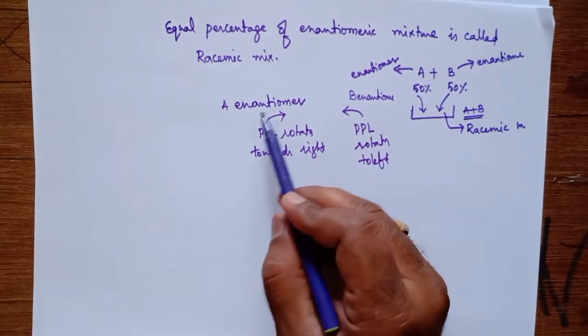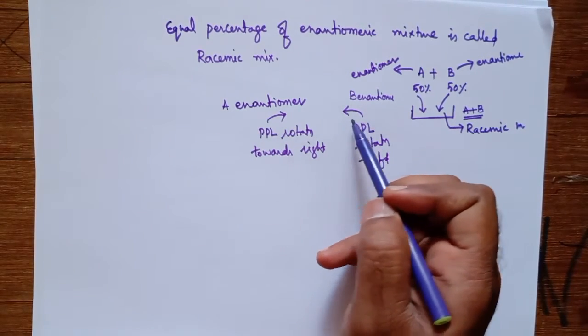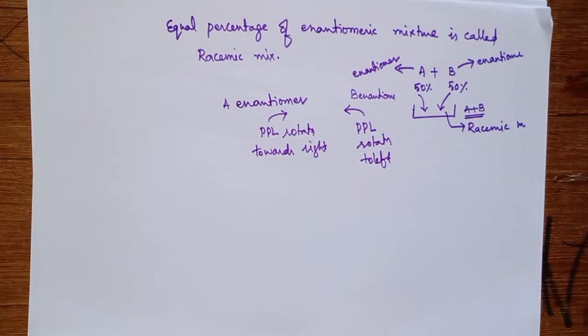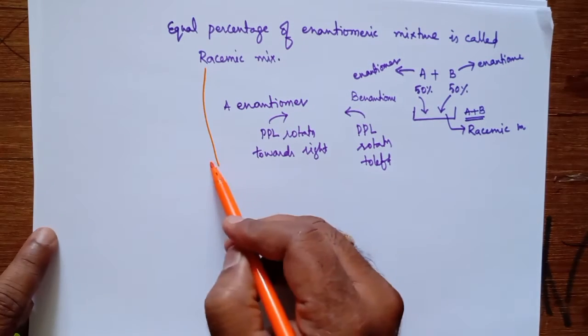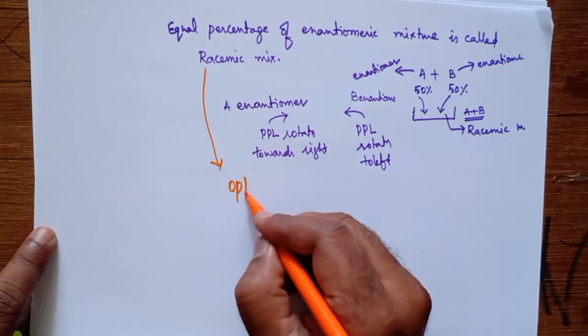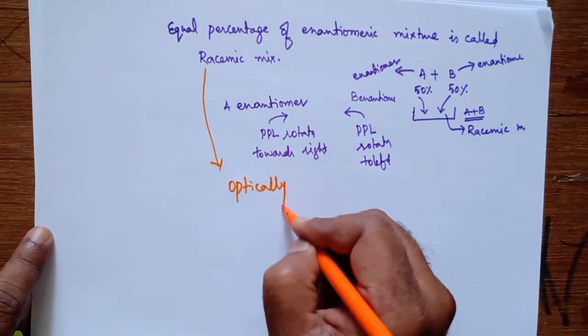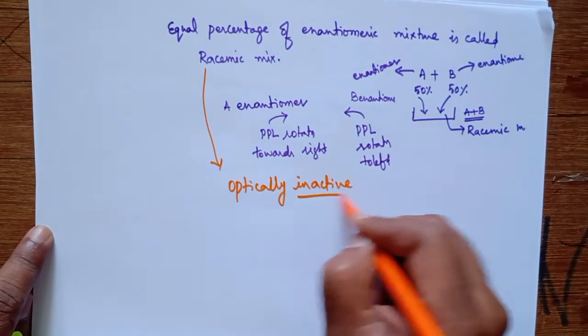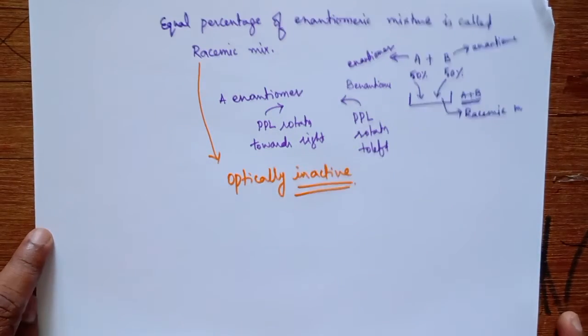So one enantiomer's rotation is exactly cancelled by the other enantiomer's rotation. That's why each individual enantiomer is optically active, but the racemic mixture is optically inactive.